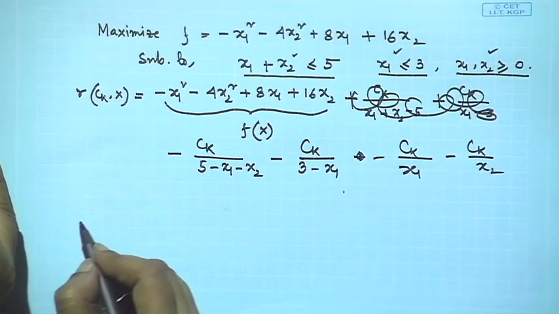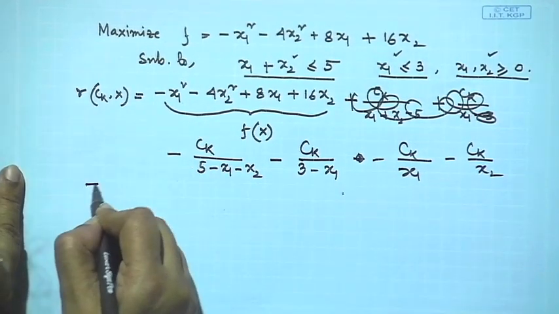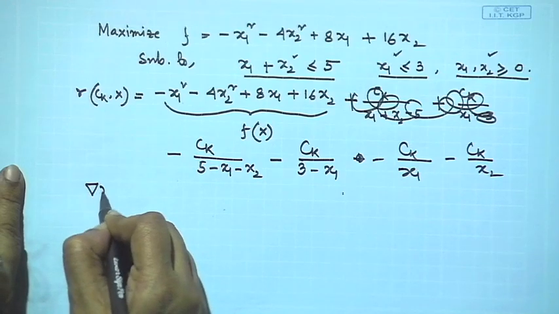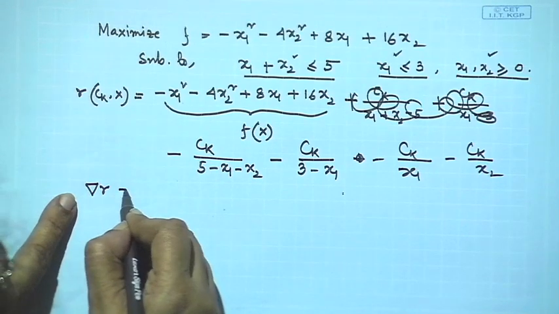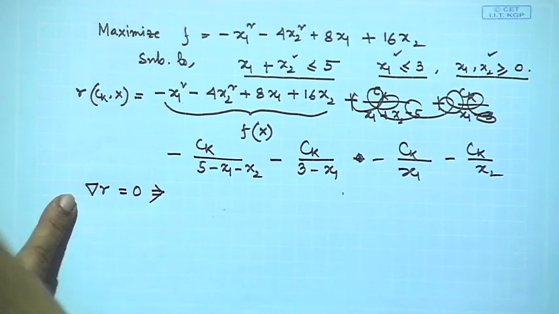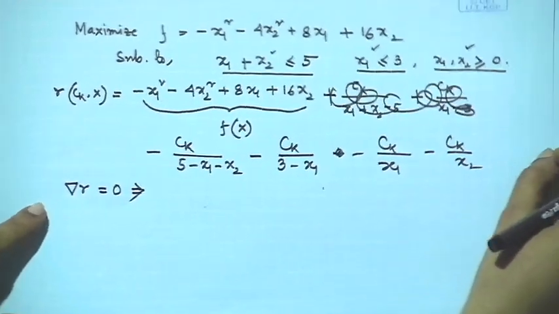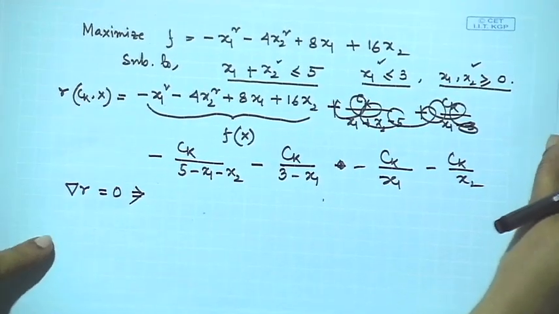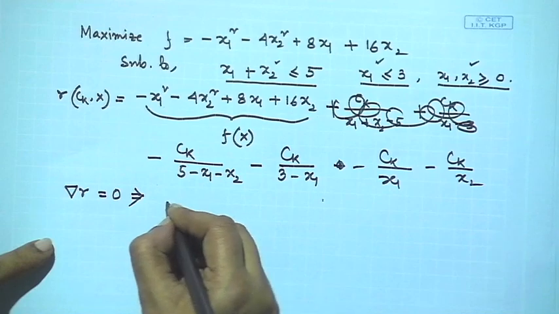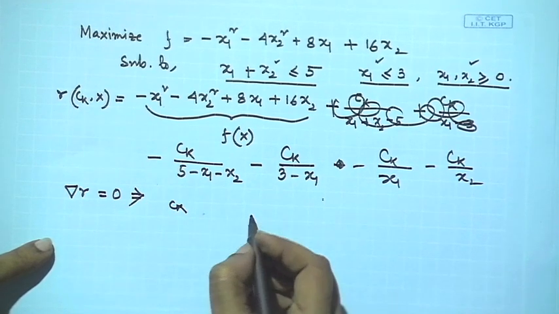All right. Now, this is one unconstrained optimization problem. You find the value of grad r equal to 0. If we equate, we will get a relation between x1, x2 and ck, and for different values of ck, if we substitute, we will get the values.